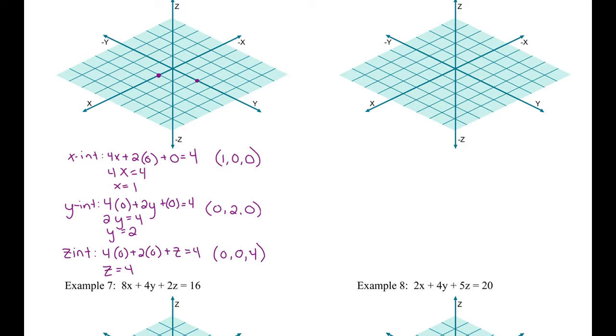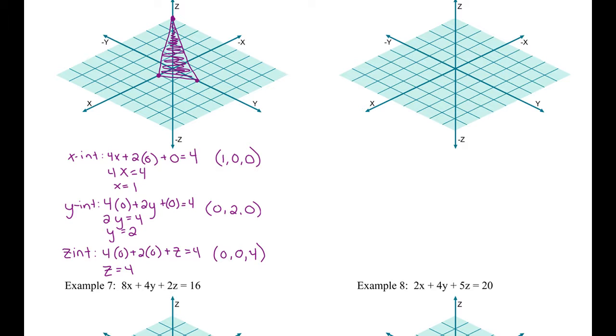I'm going to go up 4 in a positive z direction and plot my point. Now to turn these 3 points into a plane, you are going to connect them. And you should be using straight lines. And then you're going to shade that area between the lines you just drew. This would be my plane.